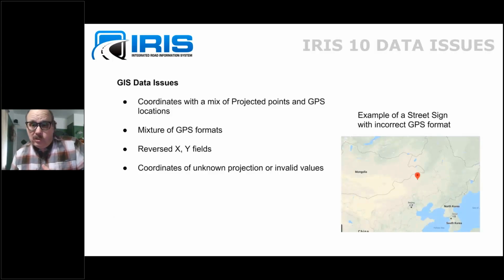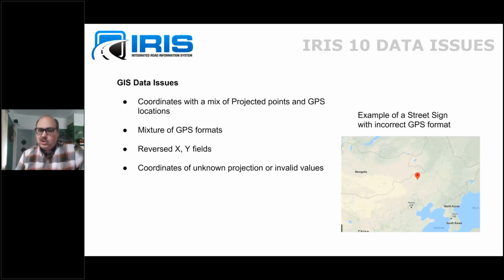There are some issues that we've uncovered with the data as well. The map in the corner there shows an example where we have a street sign that falls just outside of Mongolia. That has to do with the fact that they had an incorrect value in their GPS format. Some of the issues we came across were that we had XY coordinates and GPS locations all mixed together.